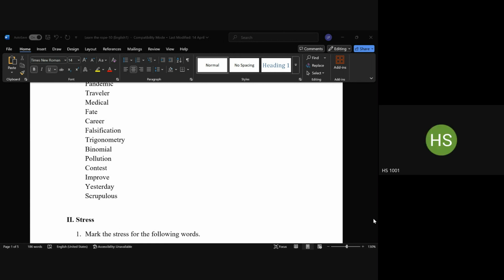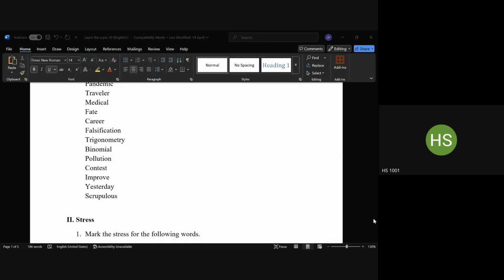Binomial has four. The idea here is that the last part is not a diphthong. A lot of people would say binomial with an ear diphthong, but that's not the case. Binomial is binomial. Mee and al are two different syllables.